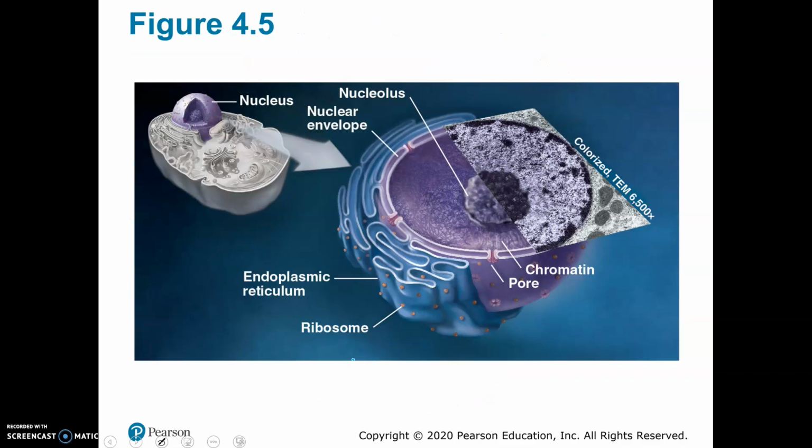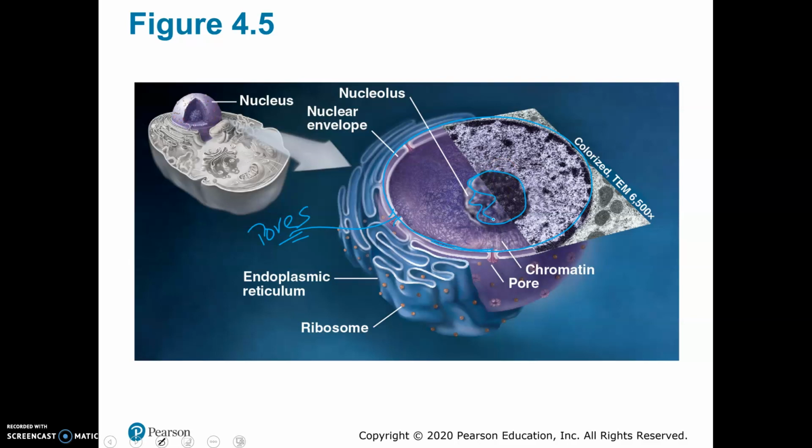So here's a picture. Here's your cell. This is the nucleus right here. Notice it does have these little pores that allow certain things to go in and out. So the nucleus has a membrane and it has pores. This is a nucleolus, this dark area inside the nucleus.